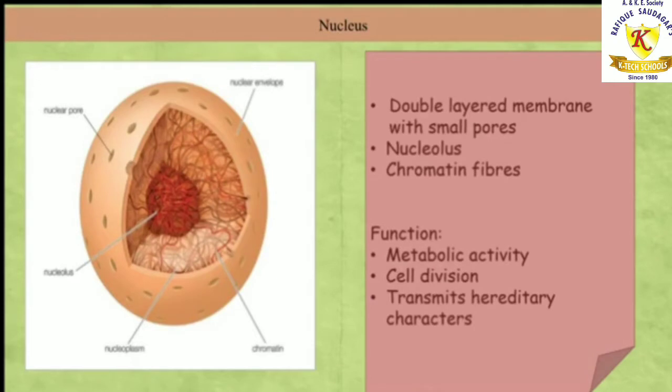Like we say, if a baby is born in your house, we say that the baby looks like his father, or the baby looks like her mother. So these are the hereditary characters transferred from parents to offspring. This is done in the nucleus. Are you getting me, children?